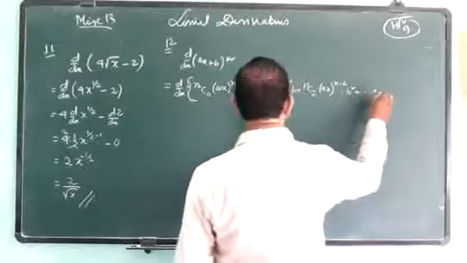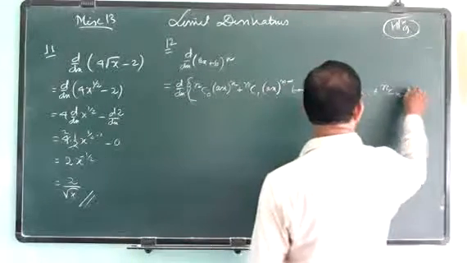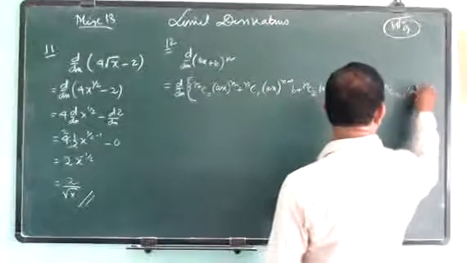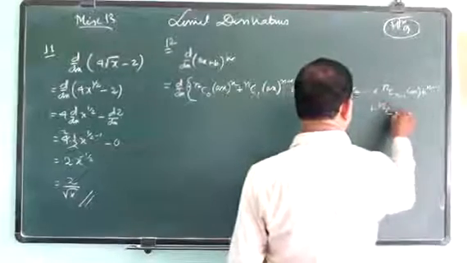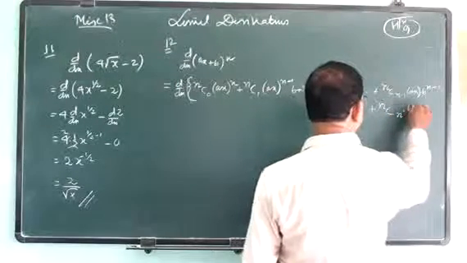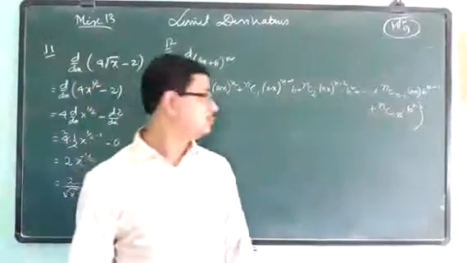In this way, ultimately you have to do nC(n minus 1) ax and b to the power n minus 1, and the final term nCn b to the power n. This is our total term.